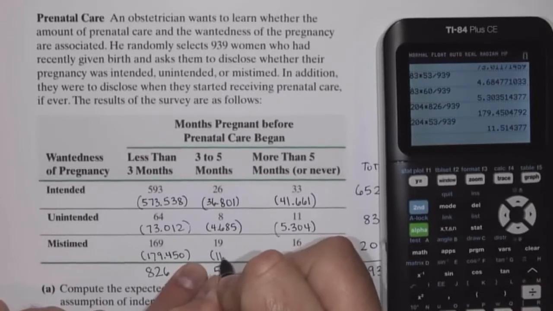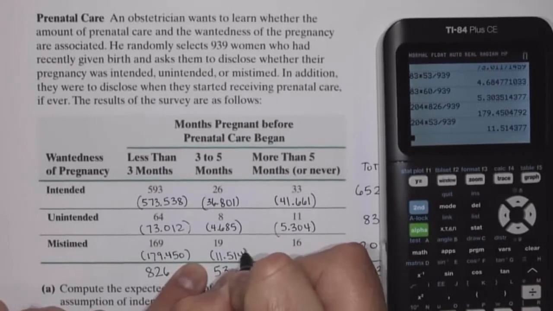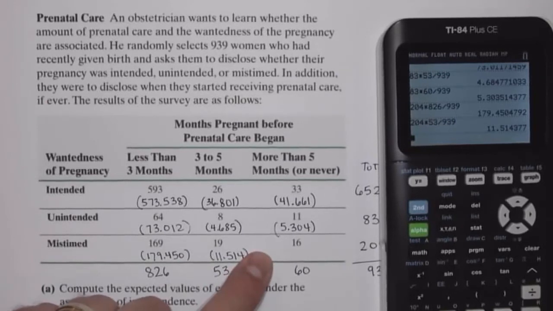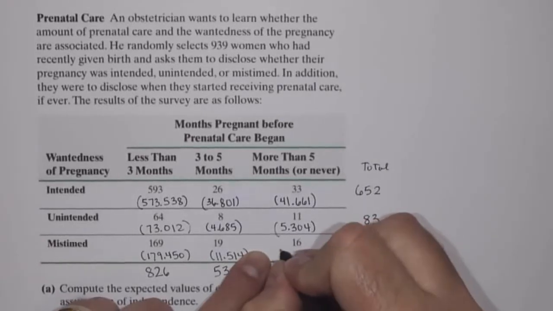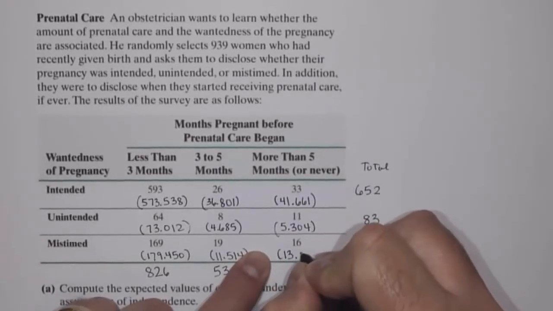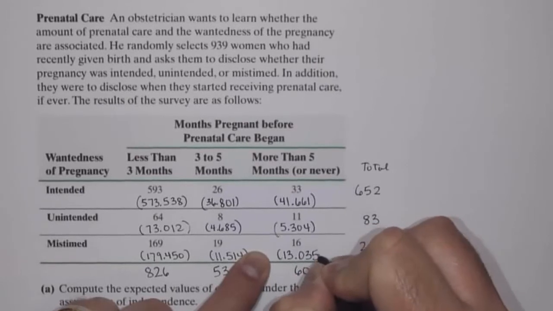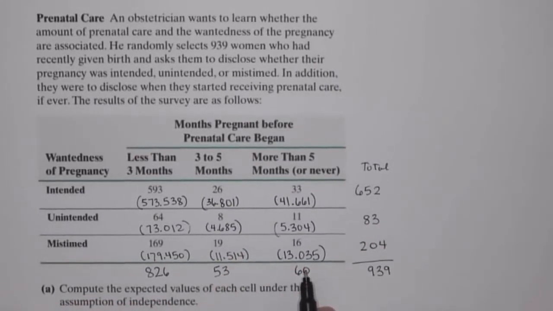So this is 11.514. And last but not least, 204 times 60 divided by 939, and that result is 13.035. So 13.035 is our expected value in that cell.